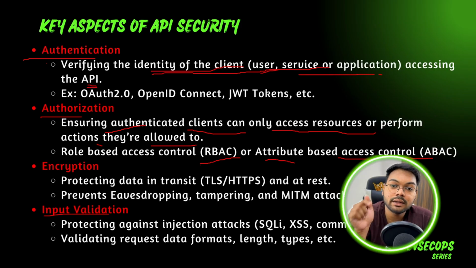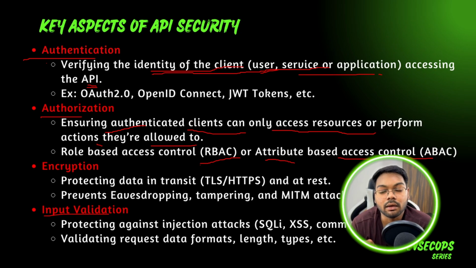Now, once you are there, you are authenticated. Now they would check what kind of permissions you have. If you are a computer science student, you should only be going to the computer science lectures. It should not happen that you are sitting in a commerce lecture in that engineering college, or going into mechanical or civil branch classes. You should not be allowed to do that because that is a bad practice.